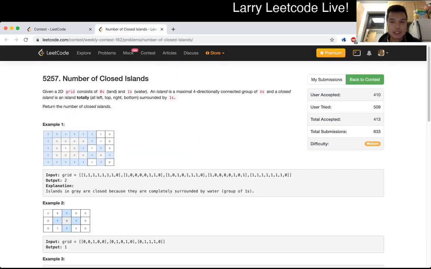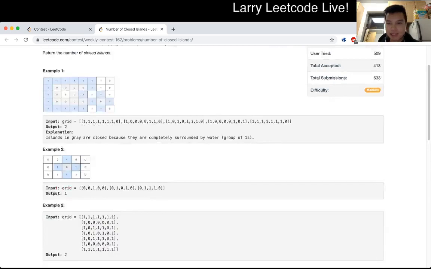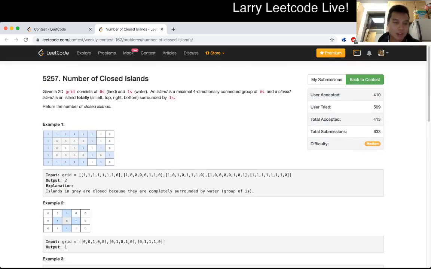Number of Closed Islands is just a relatively standard depth first search, but to be honest, when I first read this, I was trying to read too fast and rush a little bit because I thought I was doing well on time. I think I confused the zeros and the ones. Looking at the example that's dead in the middle, I got confused.